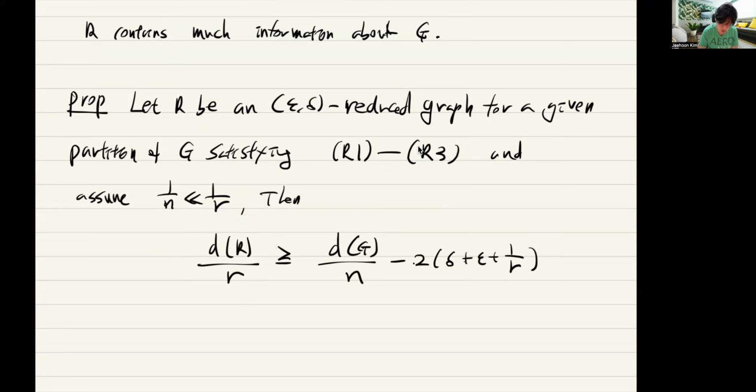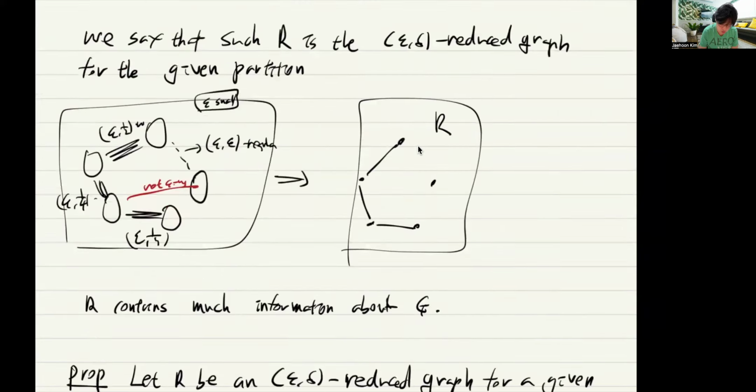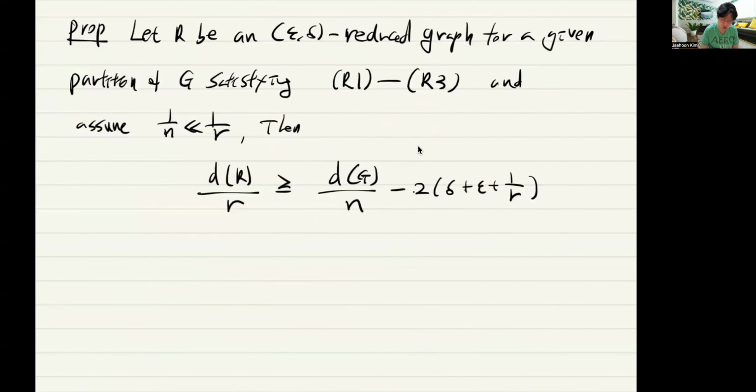In other words, this R inherits the lower bound on the minimum degree of G. So if G has minimum degree at least something, then R essentially has the proportionally same lower bound.